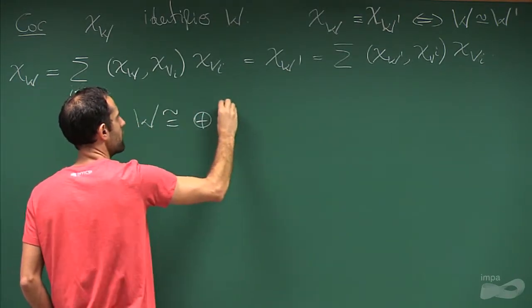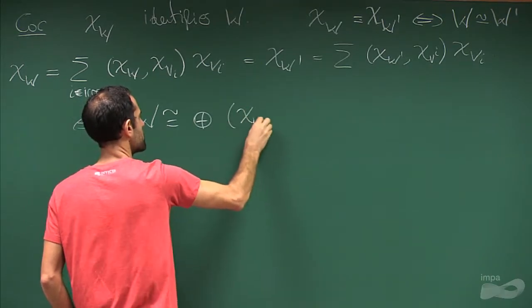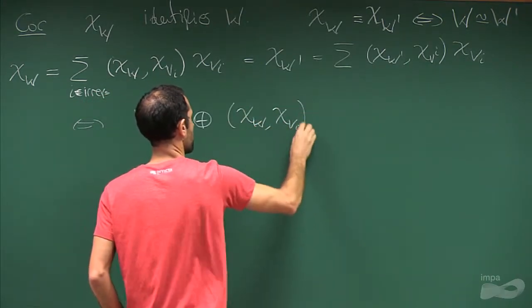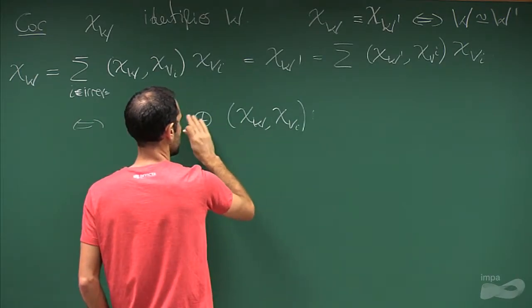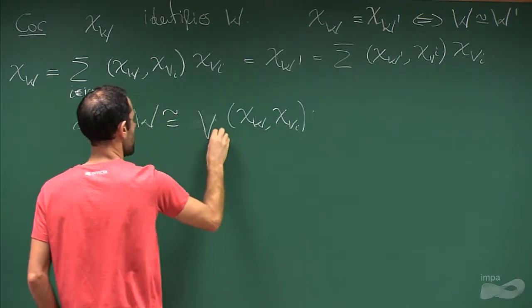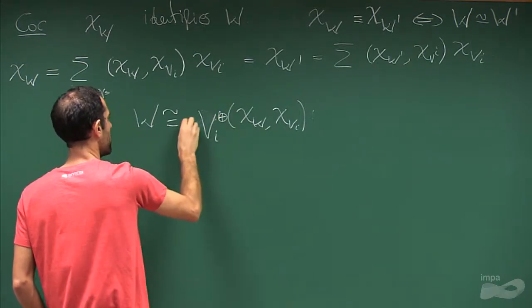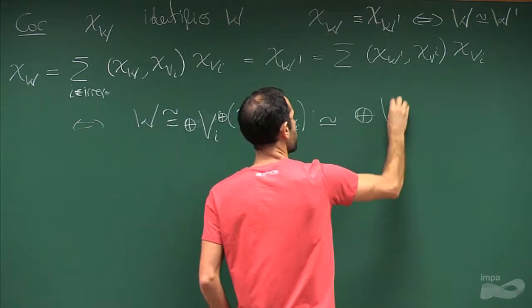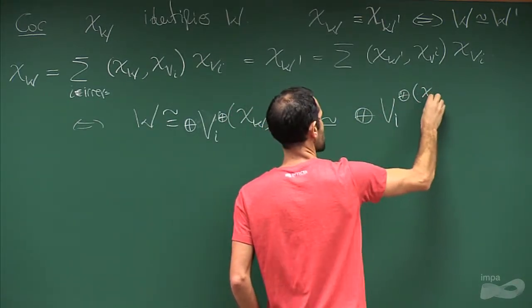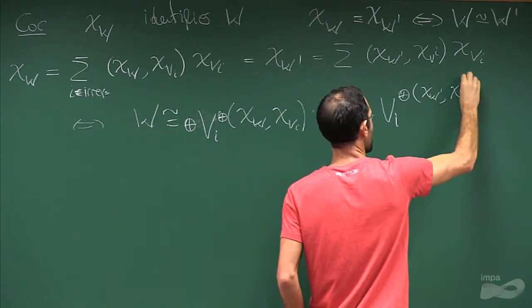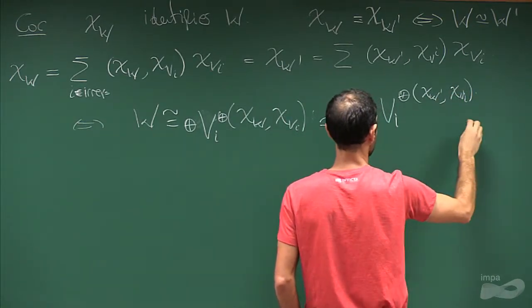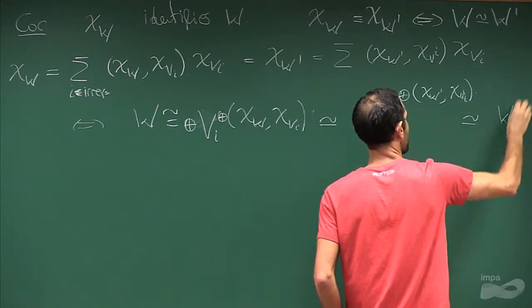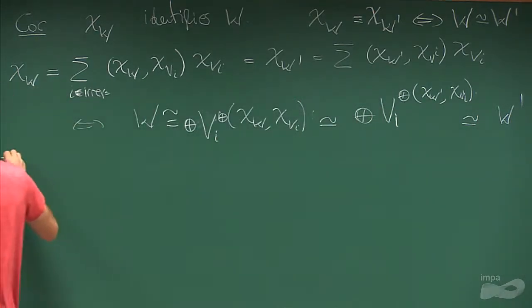This is isomorphic to the direct sum of Vi raised to that number, and this is the same thing as the direct sum of Vi to the inner product of the character of W prime with the character of Vi, and this is the same thing as W prime. So if you know the character of a representation, then you know what that representation is.